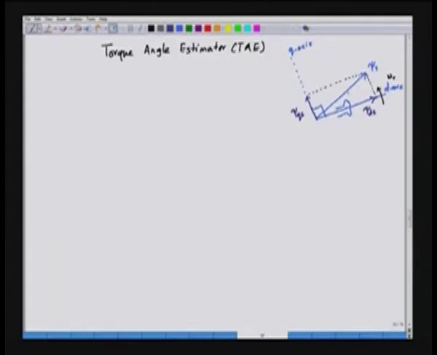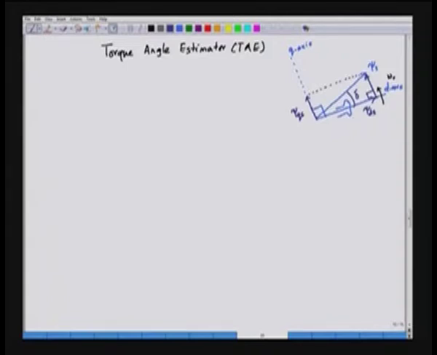Delta is this angle. If this is psi qs, this is also psi qs. This angle is also 90 degrees. So, we can calculate delta provided we know psi ds and psi qs.